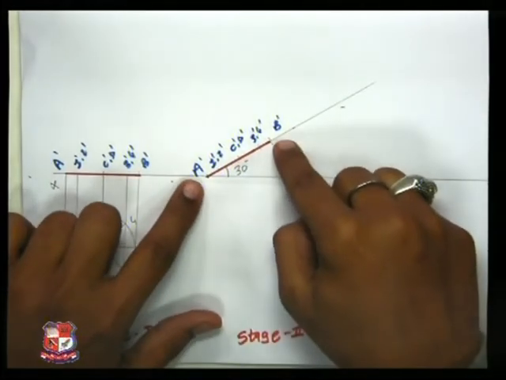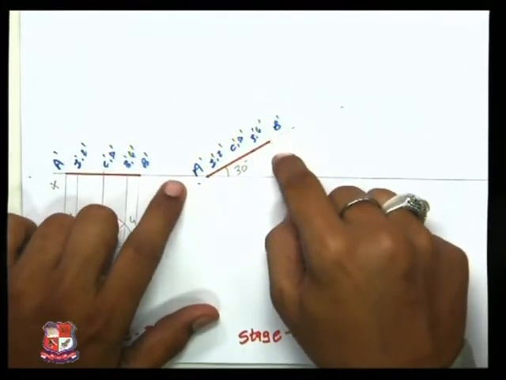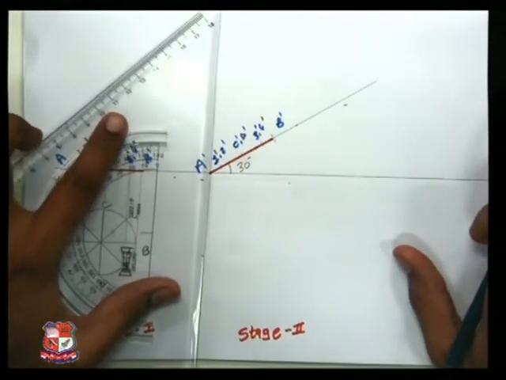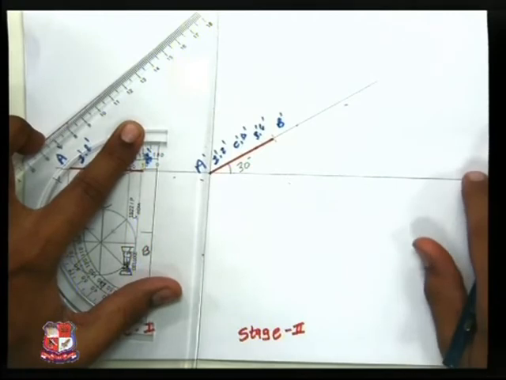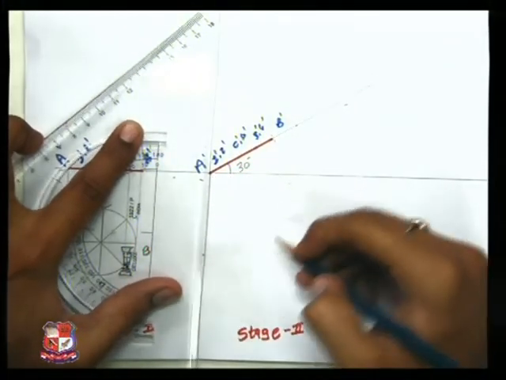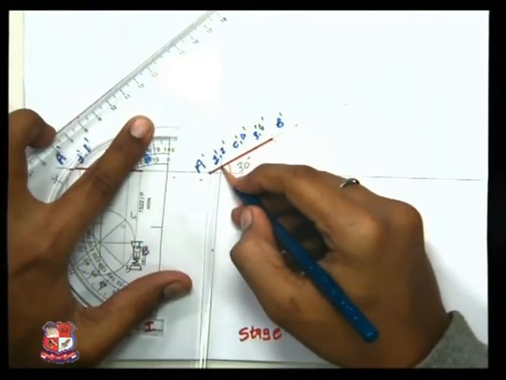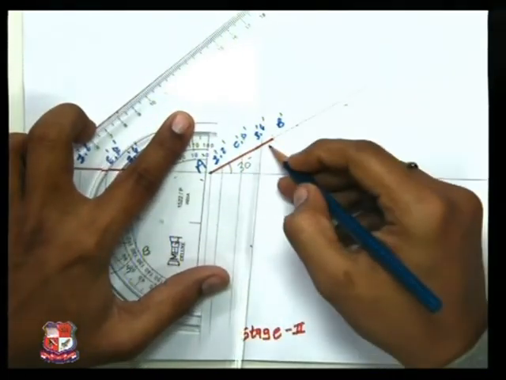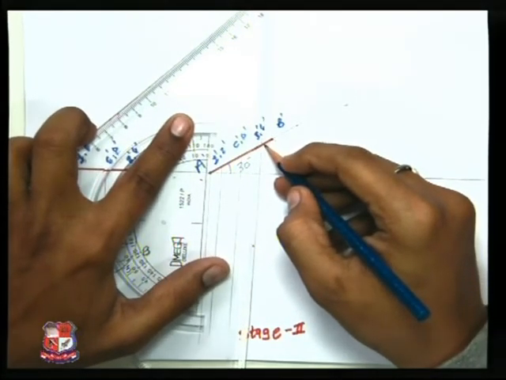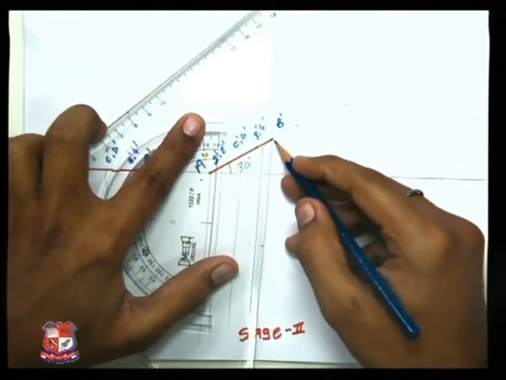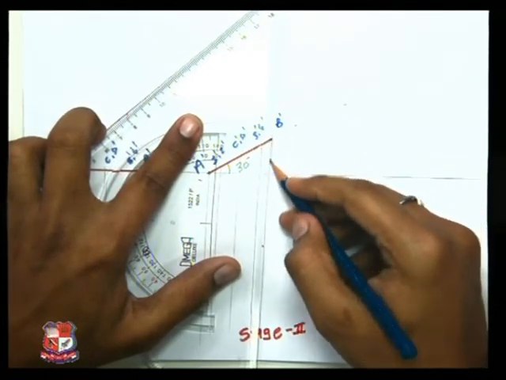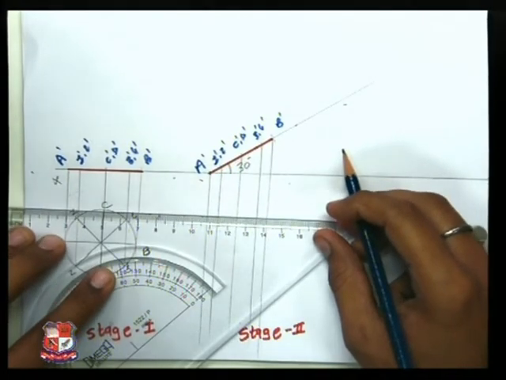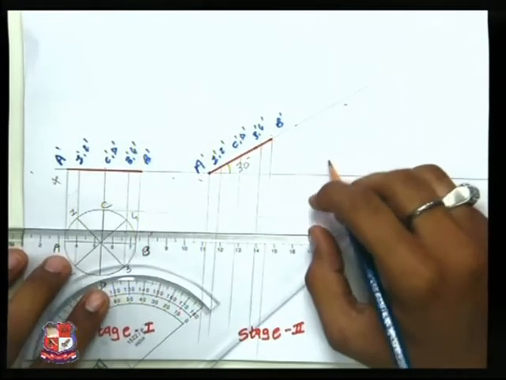That's why we can see that AB is inclined 30 degrees to the HP. Now take the vertical projections from it. Same over here. Taking horizontal projections.